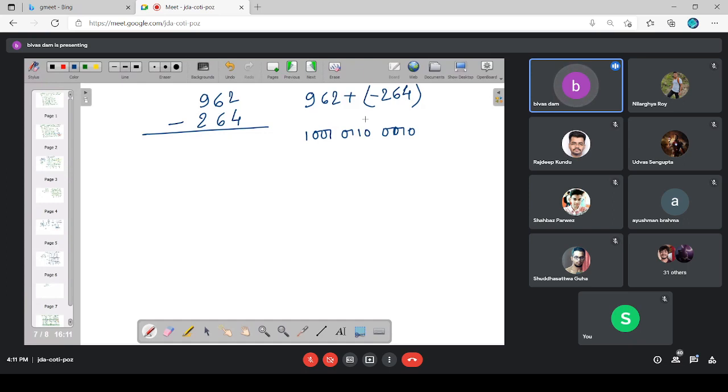How do you get the 9's complement? 735. Yeah, you have to subtract each digit from 9. 999. So 735. So what is the BCD for that? Add them using binary addition scheme.